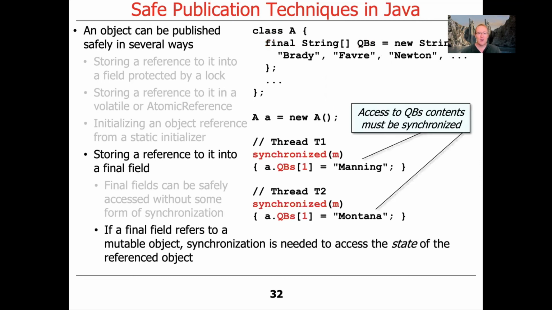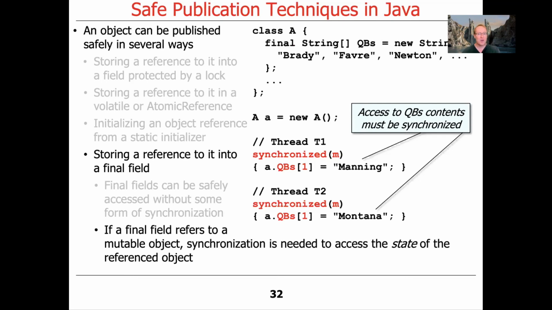And then down here, we're going to see how we create a new instance of A, and then thread T1 is going to access QBs sub 1 and store the value Manning in there. And thread T2 is going to access array element 1 of QBs and store Montana there.